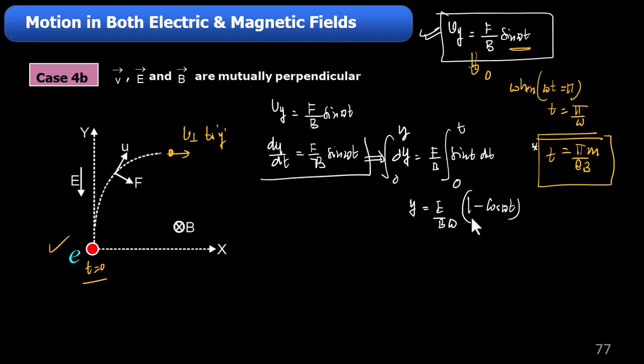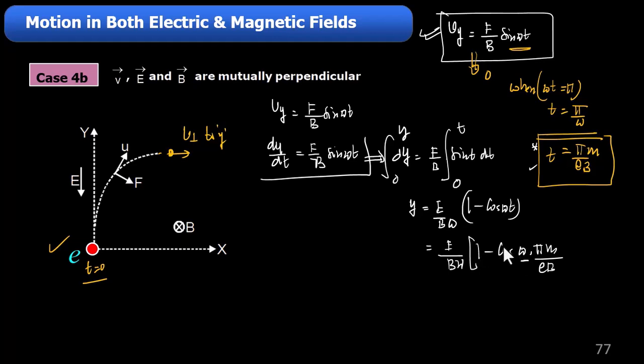At that much time, omega into t means pi. Now omega is equal to EB by m again, so EB by m cancels. So cos of pi is minus 1.